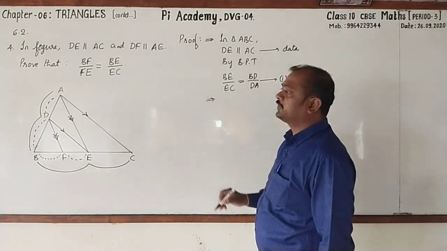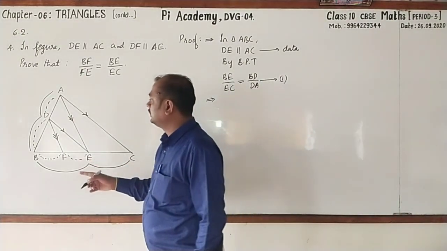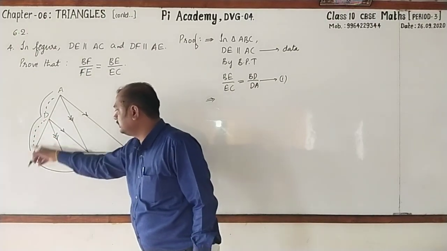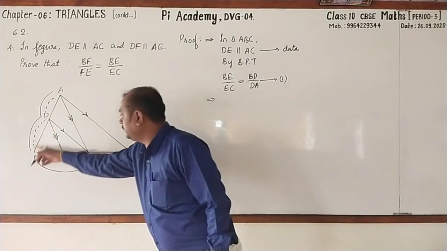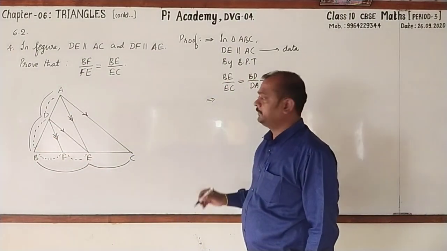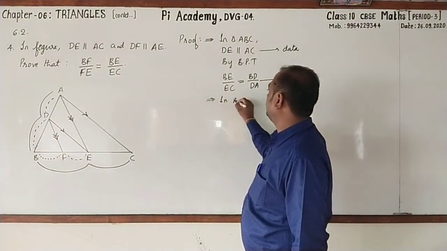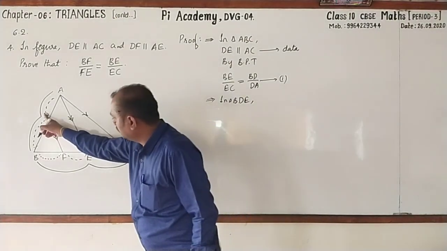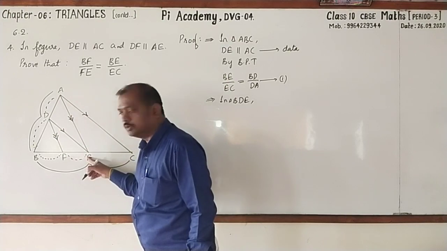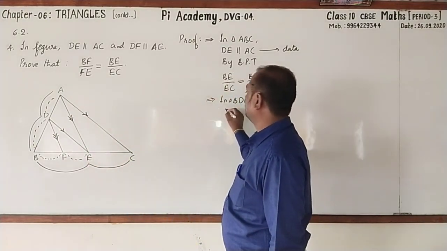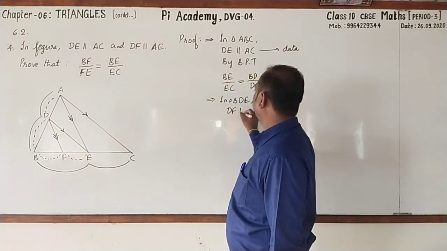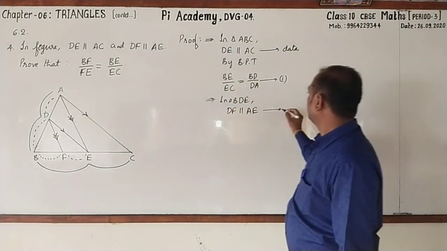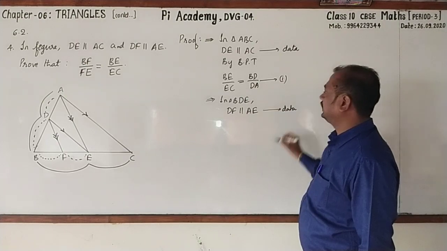Similarly, I take the next triangle. It is triangle DBE. In triangle BDE, we can write DF parallel to AE, right? DF parallel to AE, that has been given in the statement only.